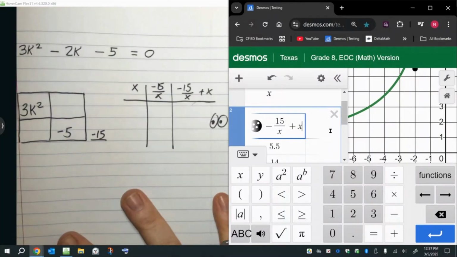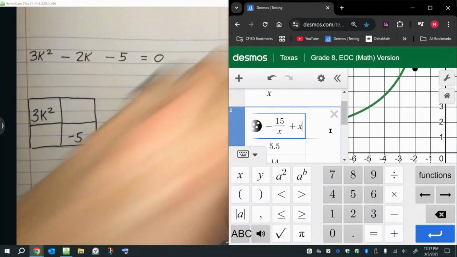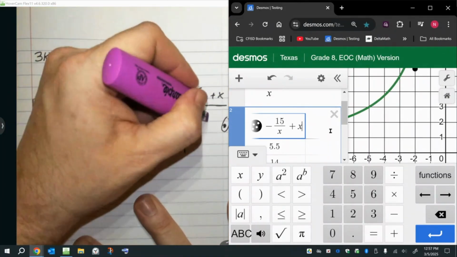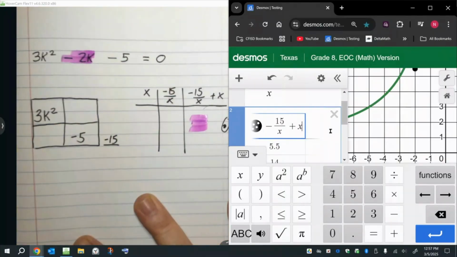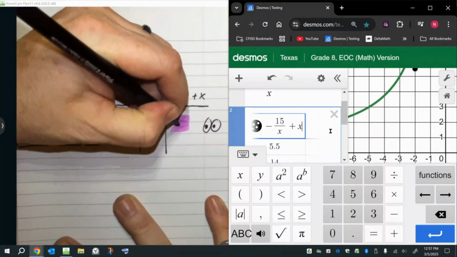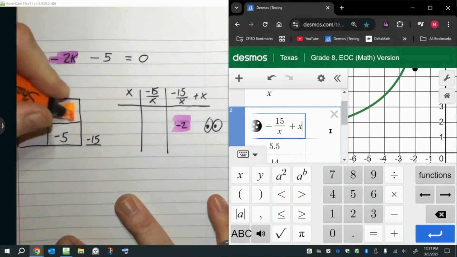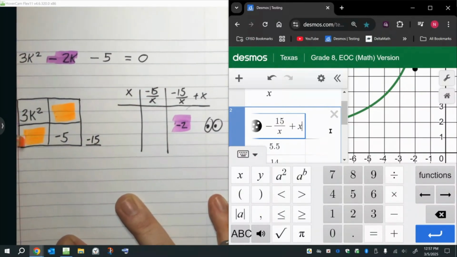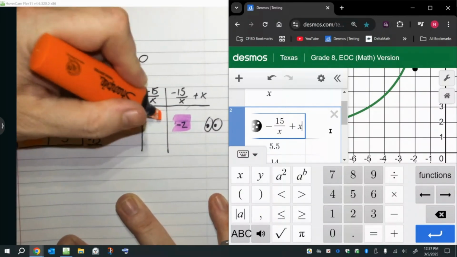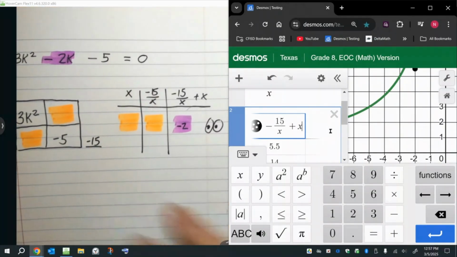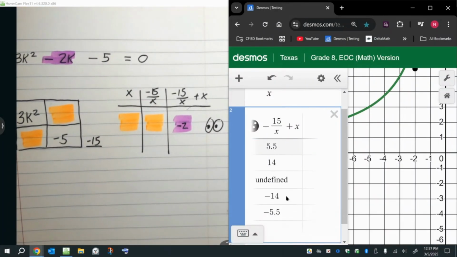Again, we are looking for our b term, our -2 term. And whatever goes with -2 is what we're going to put in the box. So what goes with -2?